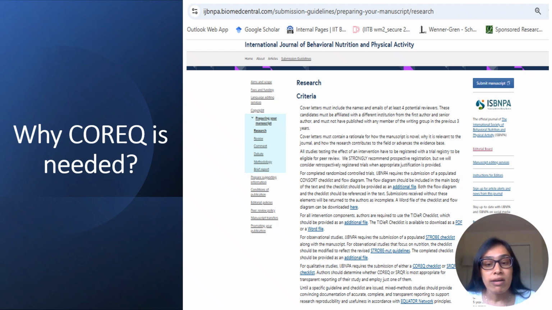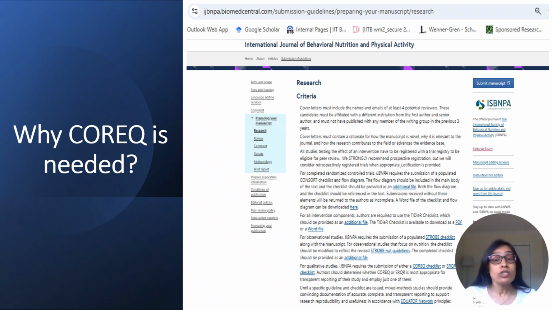If you look here, for observational studies, they recommend STROBE, right? You have to attach STROBE. Now, if you look at the qualitative studies, IJBNPA requires the submission of either a COREQ checklist or SRQR checklist. Authors should determine whether COREQ or SRQR is most appropriate for transparent reporting of the study and employ just one of them.